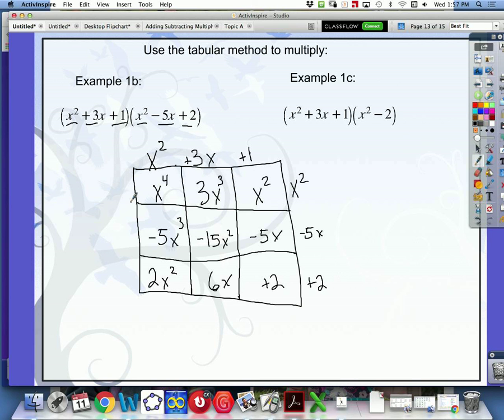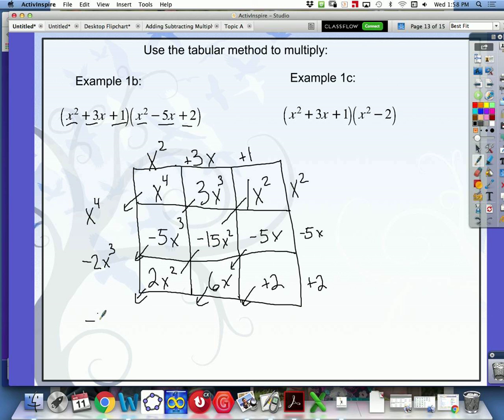And now we notice all of our diagonals have the same variable. So we just have to add diagonally. So that gives us an x to the 4th. Negative 5 plus 3 is negative 2x cubed. This one we've got to be careful. That's a 1 right there. So 1 plus negative 15 is negative 14.